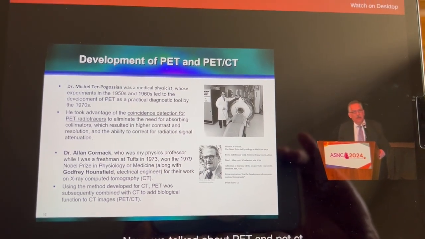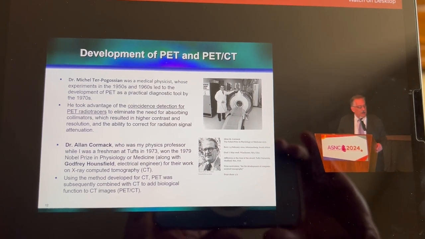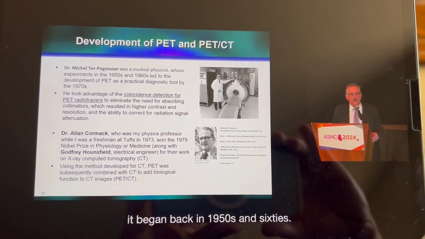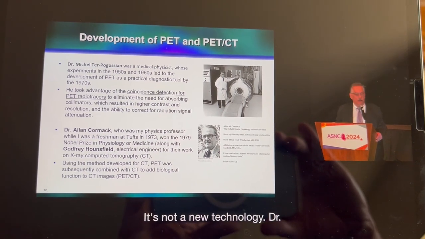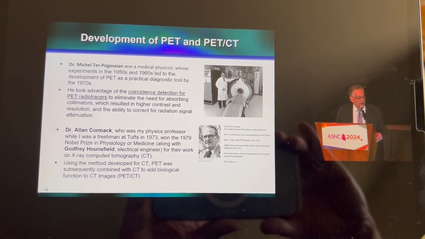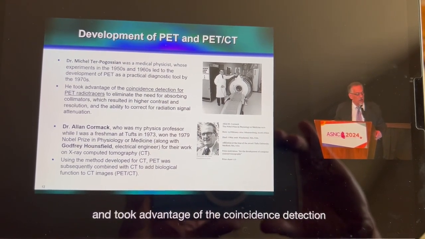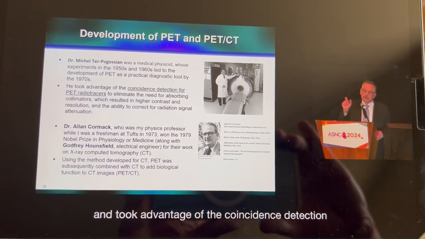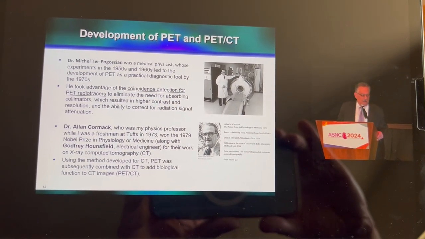Now, we talked about PET and PET-CT. I just want to remind everybody here that it began back in the 1950s and 60s. It's not a new technology. Dr. Ter-Pogossian, who was a medical physicist, did the early experiments and took advantage of coincidence detection by PET radiotracers.